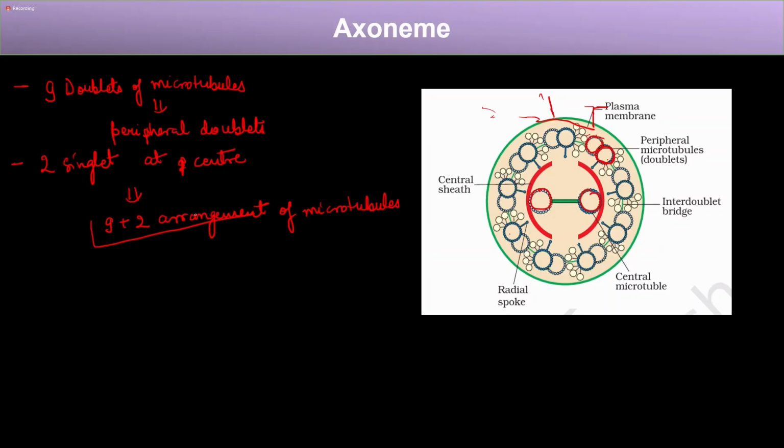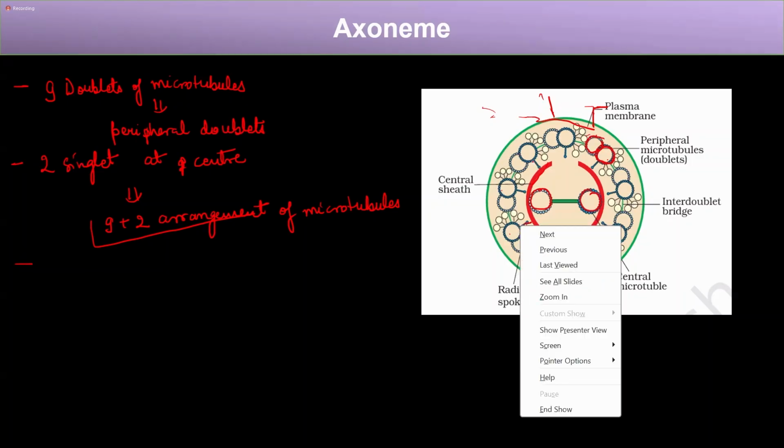Okay. Now, apart from this, we can also see this red color structure, right? This red color structure is known as the sheath or central sheath. And what is the role of this central sheath? This central sheath basically connects the singlet with the doublet. And how is it connecting it? It is connecting it with the help of this radial spoke.